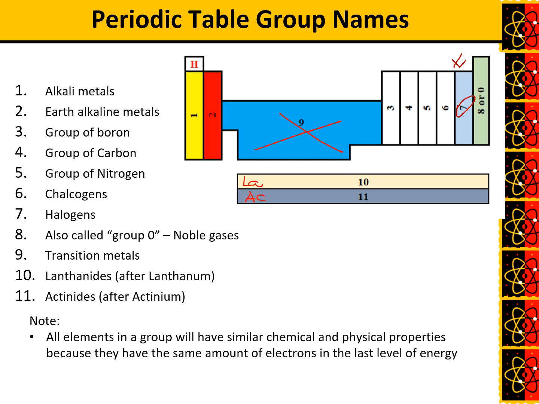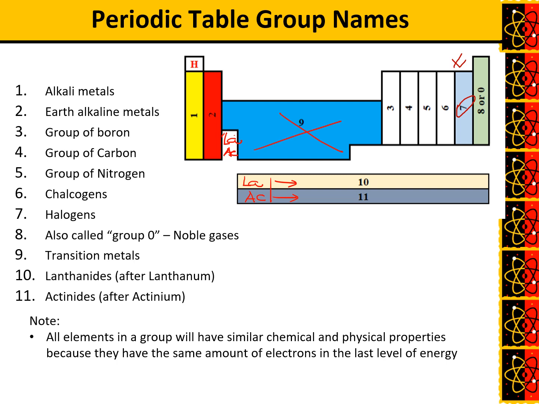So the lanthanides are the elements that are after lanthanum, and the actinides are the ones that are after actinium. These two elements are supposed to be here: here is the lanthanum and here is the actinium. But because the periodic table wouldn't fit on a normal size paper, they took this part out and put it underneath here. These are also called internal transition metals, but you don't need to know that.